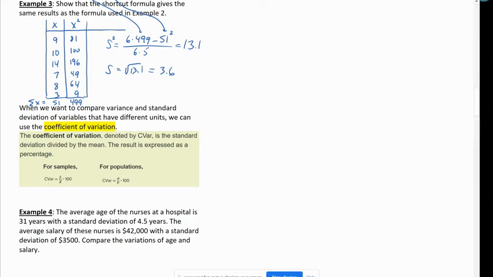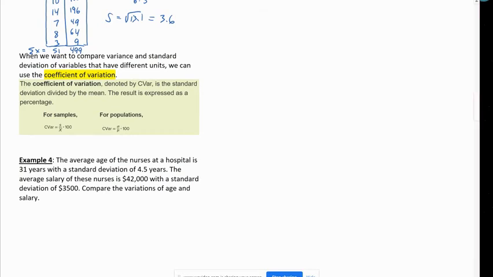So what we do is we take the sample variance, multiply by 100, and divide by x. So that's what we're doing for samples. Or you take the population variance, divide by the mean, and multiply by 100 for populations. So either way, this is something you can use to compare things that have different units.